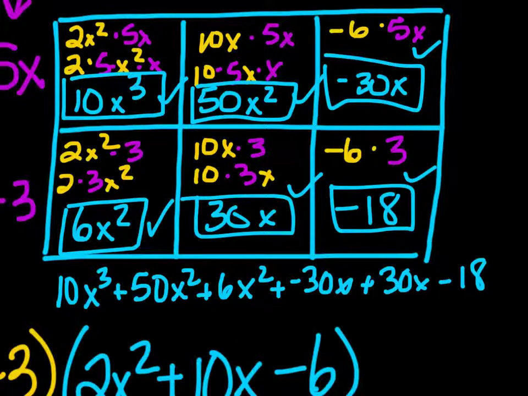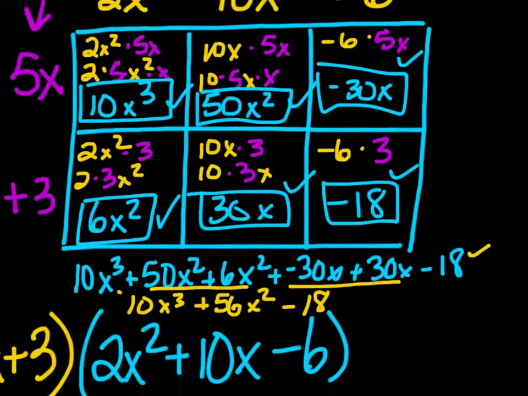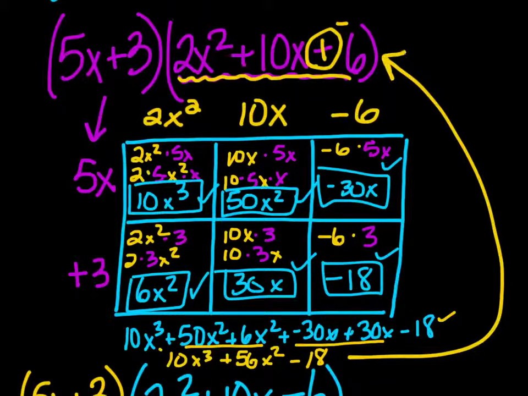In all reality, we can then combine like terms. So we have 10x to the third. 50x squared plus 6x squared equals 56x squared. These, -30x plus a +30x, just cancel out, and then we have our final number of -18. So that is our final answer for this huge problem right up here.